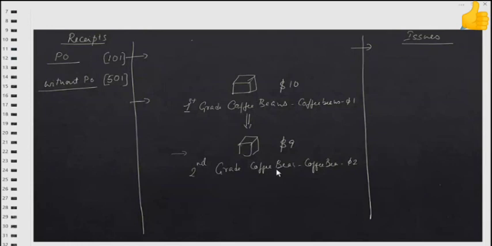Now, how do you do that? From a coffee beans perspective, I think you understand what we are doing. We are just repackaging the same material, maybe doing a relabeling.